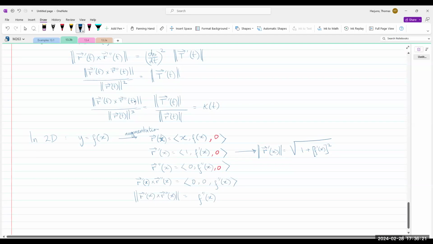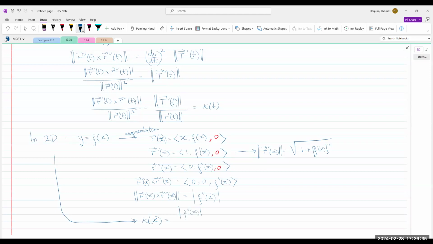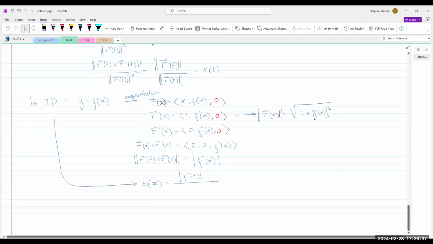Of course, I'm supposed to use the absolute sign though, because it's the magnitude. Therefore, in two dimensions, the curvature at x will be given by the absolute value of the second derivative of f at x divided by the 3/2 power of 1 plus the square of the derivative of f at x.